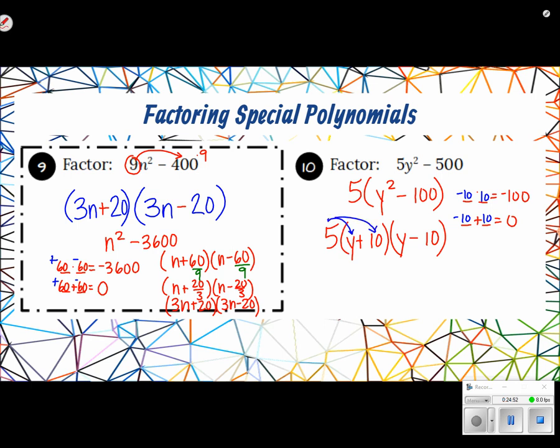And by the way, if you tried to do the square root on the 5y squared and the 500, it wouldn't have worked. So if you find yourself in that boat, where you're like, I should be able to take square roots, but I can't, then maybe there's a greatest common factor you need to factor out. My 50y's cancel, and that leaves me with 5y squared minus 500.